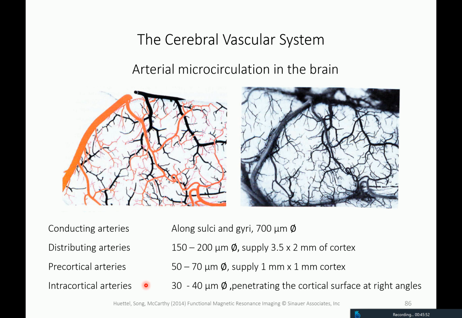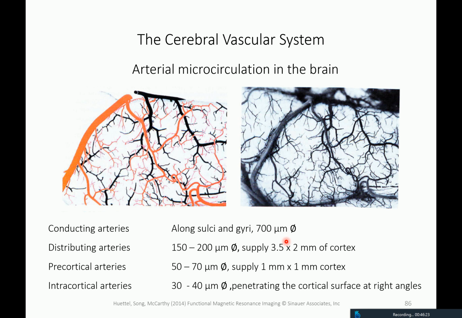This is again talking about spatial specificity. Of course the arteries get smaller and smaller. The question is if the control of blood supply is happening, for example, at the level of the distributing arteries, which have a diameter of 150 to 200 micron, these supply 3.5 times 2 millimeter of cortex.